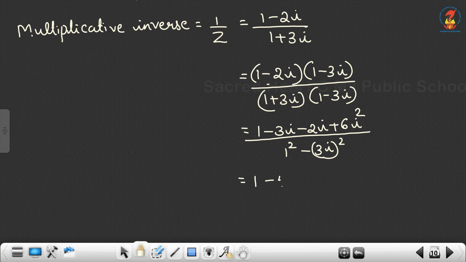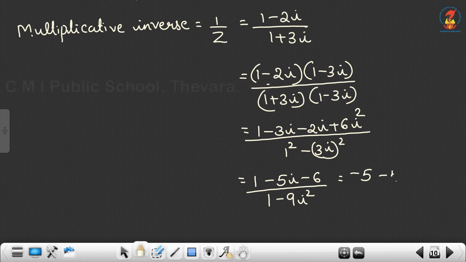So 1 - 5i - 6 by 1 - 9i². 1 minus 6 is -5, -5i, and by i² is minus 1, so 1 + 9 becomes 10.